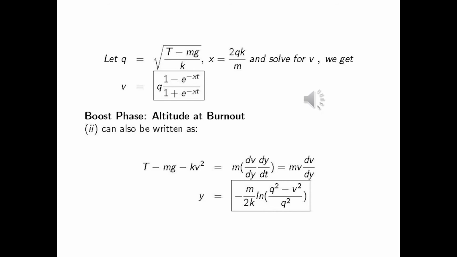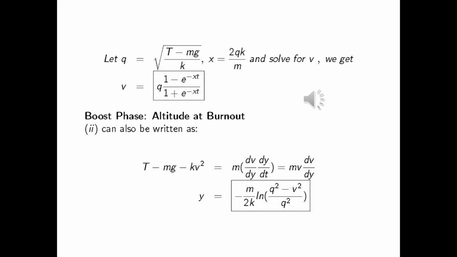And so we're gonna go to now the boost phase, and we're gonna think about the altitude at burnout. So before we derive the burnout velocity, now we're gonna derive the burnout altitude. Again, we can use the same equation. However, we're gonna use a trick.